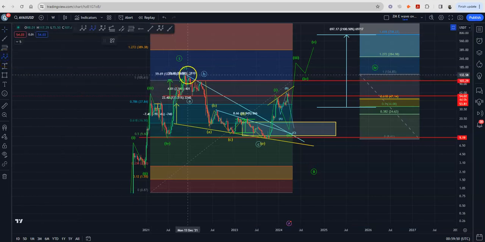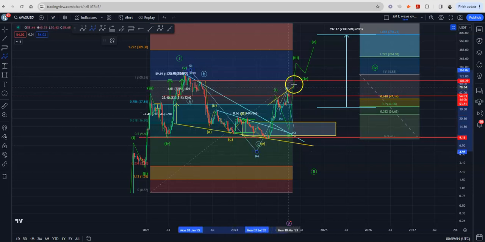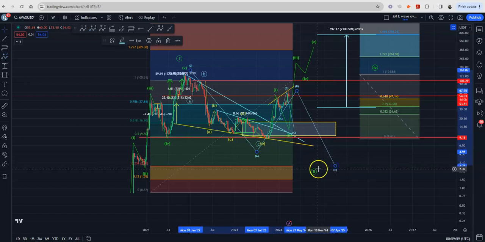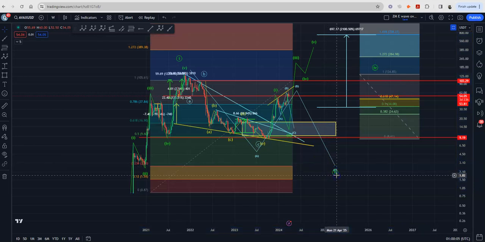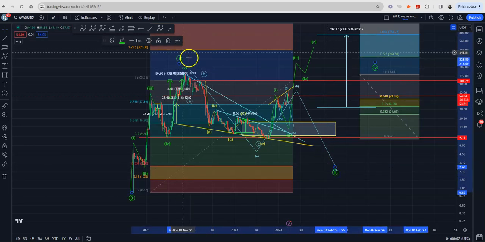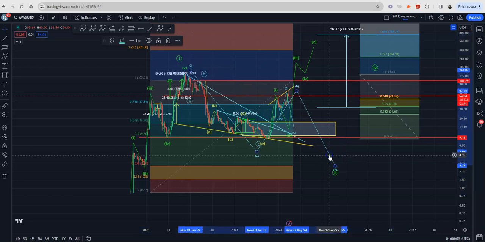This would make a larger degree A top here, C bottom here for a wave 2, and that will be your wave 2 for Avalanche. Now this would of course be like a crisis scenario.